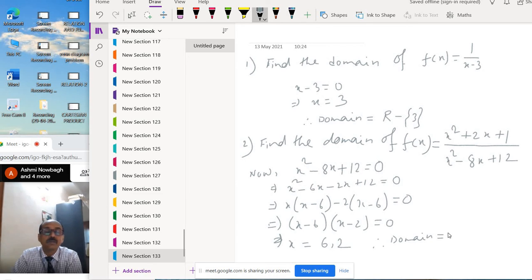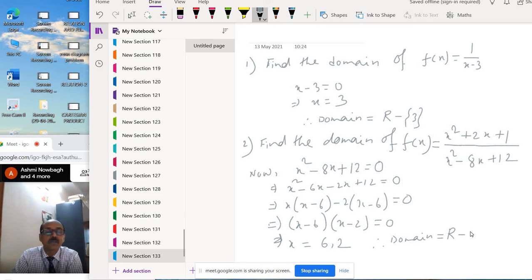domain equal to R minus, except these 2 points, 6 and 2. Except these 2, all numbers are possible. If you take x equal to 6, it becomes infinity. If you take x equal to 2, this function becomes infinity.